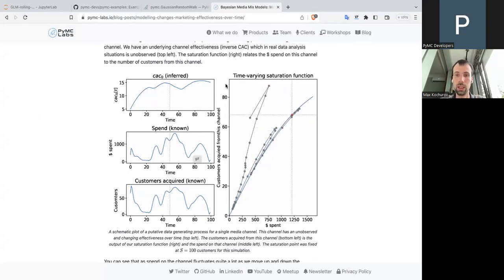It is a valid assumption that the customer acquisition cost will change, maybe according to some seasonal factors and observed factors. And if we don't take it into account, we can get misleading results. So we get some average estimate, but it won't mean anything.